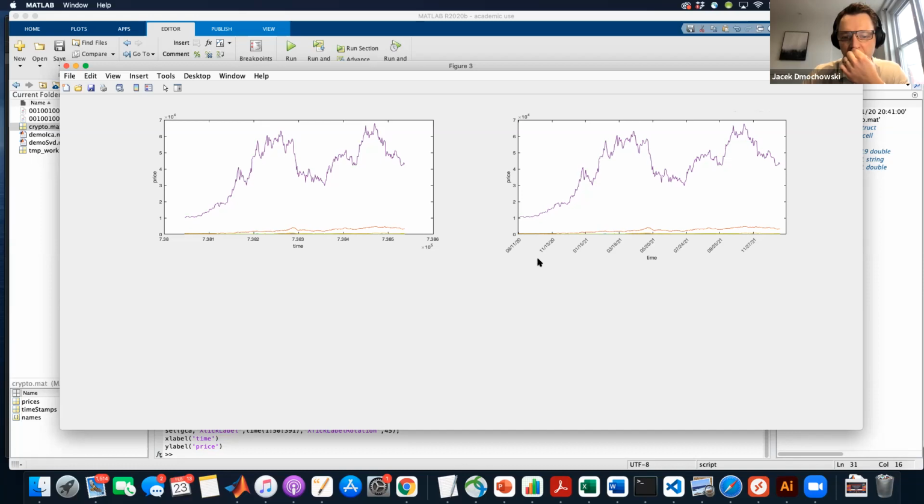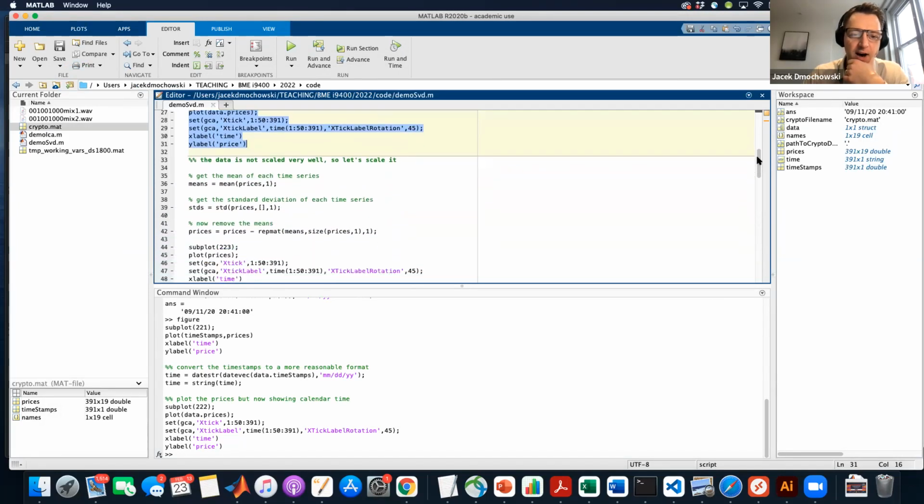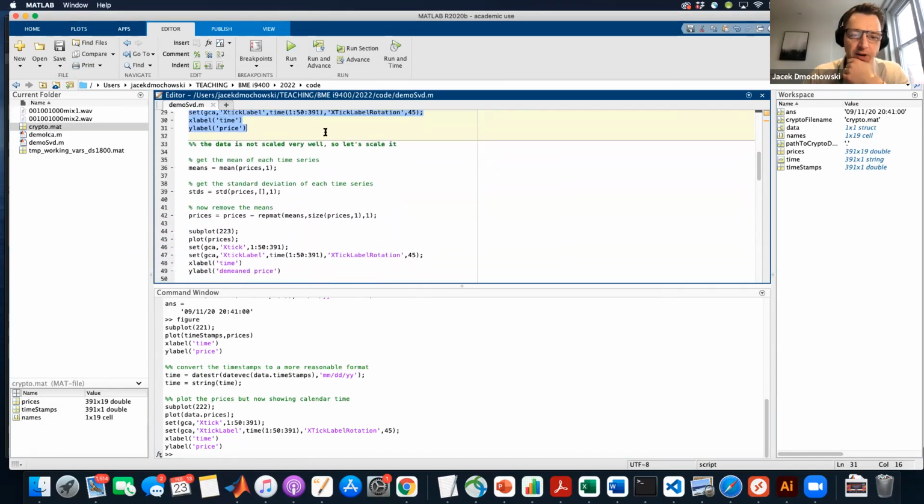Okay, so now we've loaded in the data, and we have been able to plot it using calendar time, and we kind of see the general trend across time. So now comes the important step of normalizing or standardizing the data.